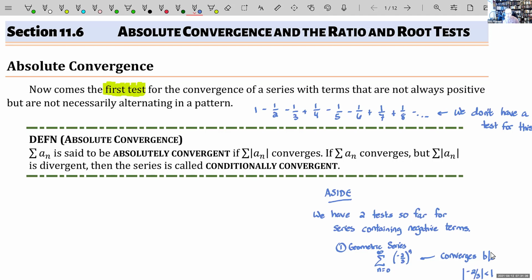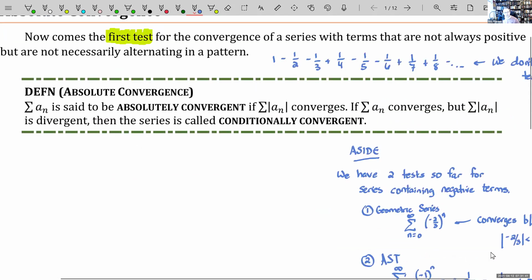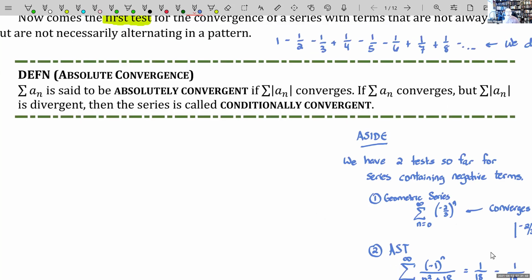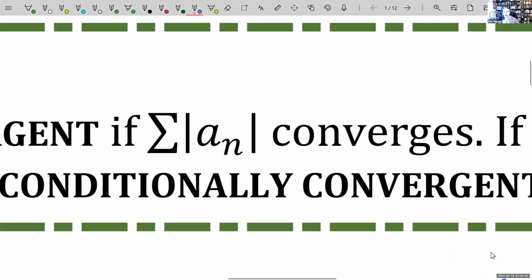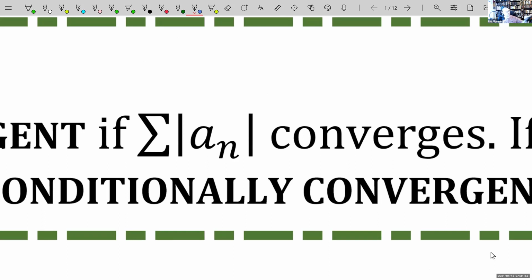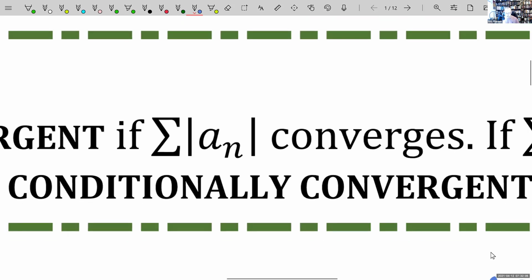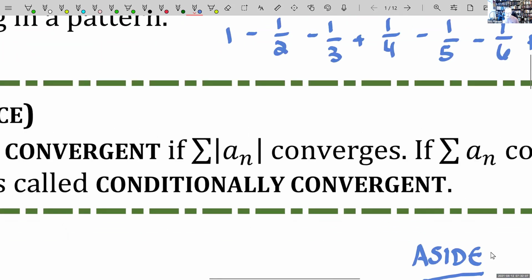So let's talk about absolute convergence before we get there. A series is said to be absolutely convergent if the sum of the absolute values of the terms of the series converges.